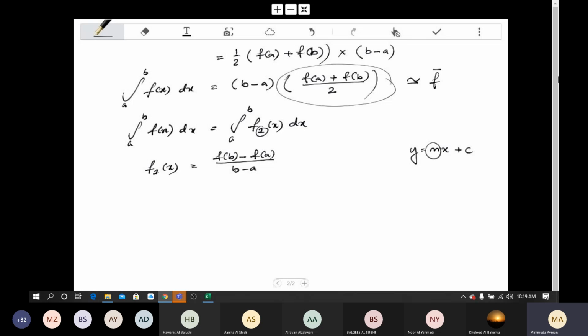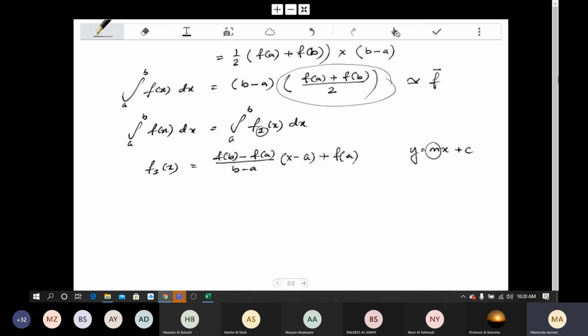So m is the slope. What we calculated just now is the slope, times x minus a, plus f of a. Some of you know it as y2 minus y1 over x2 minus x1 and like that. So this is just the equation of a straight line. It's nothing to be confused about.